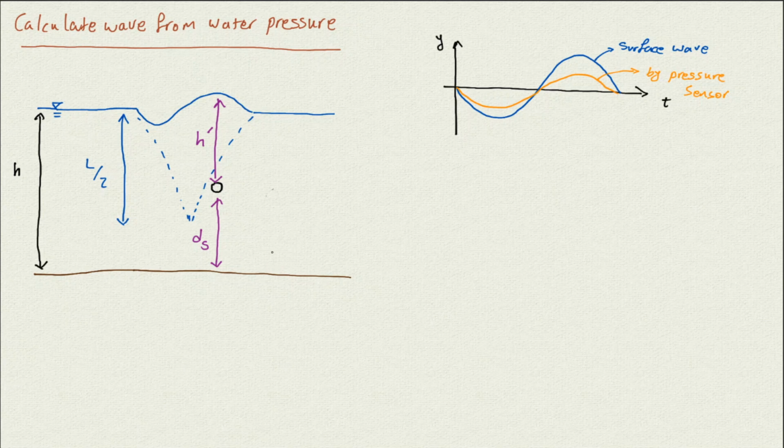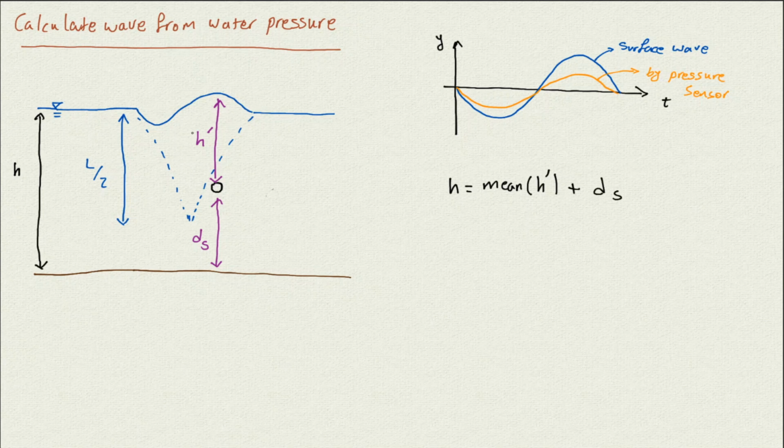Now, when we have that h value, the mean water depth, the h value or the mean water depth is the average. If we average this h prime, so the mean of that h prime is equal plus that ds.